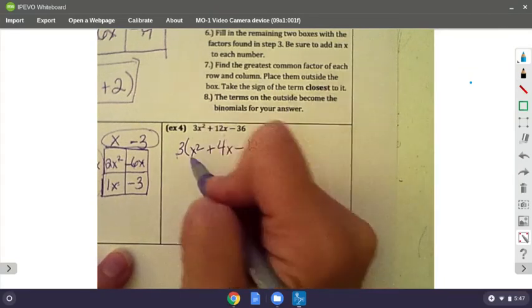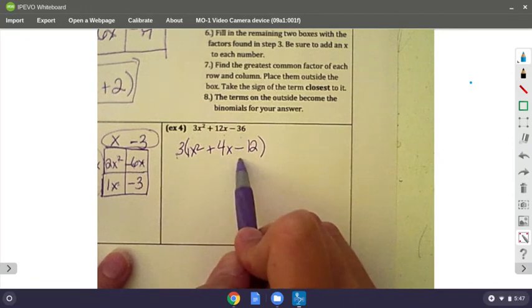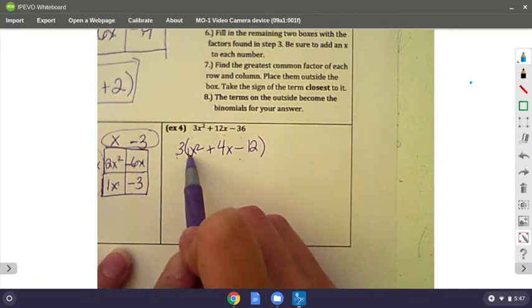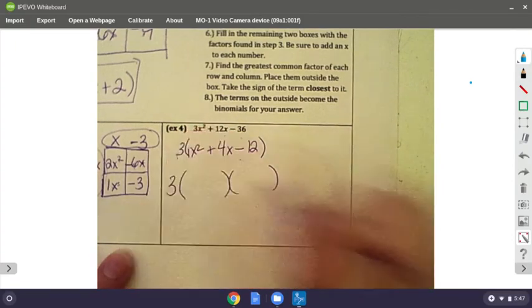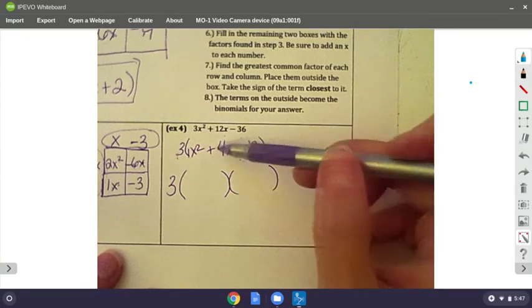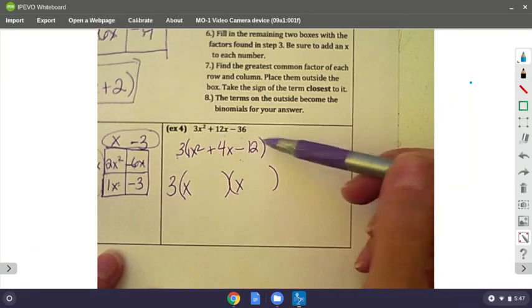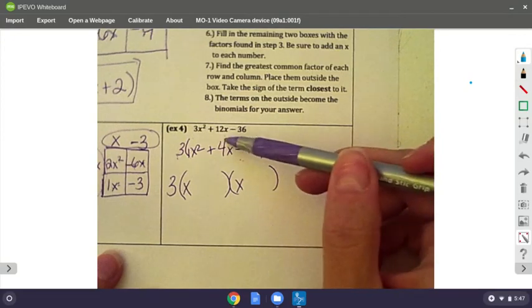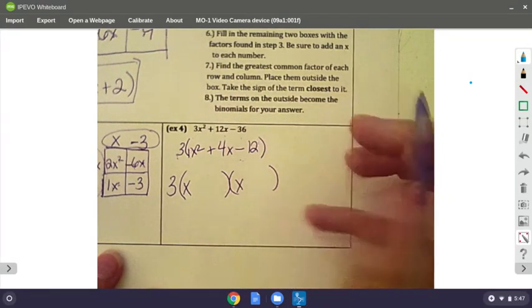Once you take the GCF out, you have to try to keep going. Do you guys notice how now this is like a trinomial like we did in the last part of the section where A is 1? So with that, the GCF stays in the front. And we're thinking of numbers now that multiply to negative 12 and add to 4. This was actually in one of the other examples, but it's going to be 6 and negative 2.